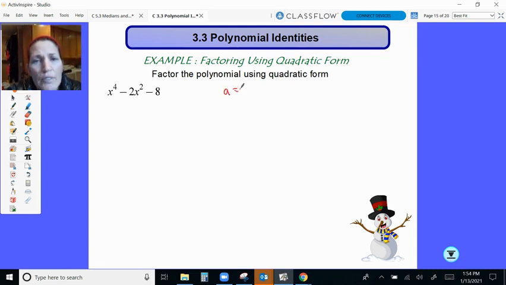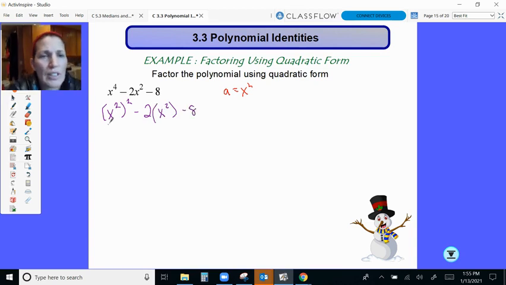Well, what we're going to do here is take a, and we're going to let it equal x squared. Then we're going to rewrite this as x squared squared, that's the same thing as x to the 4th, minus 2x squared, minus 8. And then I'm going to take each x squared and substitute in for a.